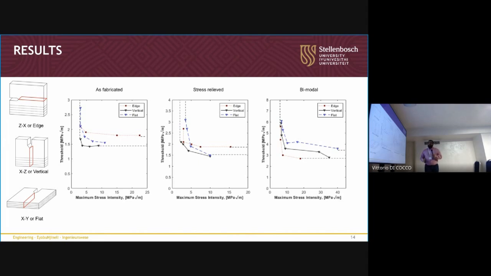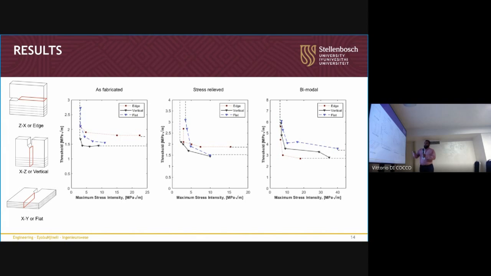Then another way to alter the results itself is to look at threshold versus maximum stress intensity. I think it's work by Vasudevan, I forget the name correctly, but they proposed a two-parameter approach, which I know Ritchie and associates also sometimes use, where it's not just about the delta K threshold, but also about the critical K max value.